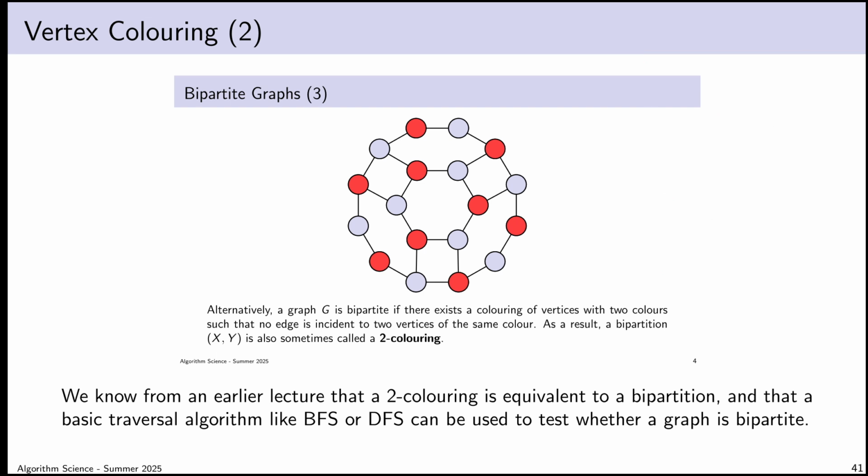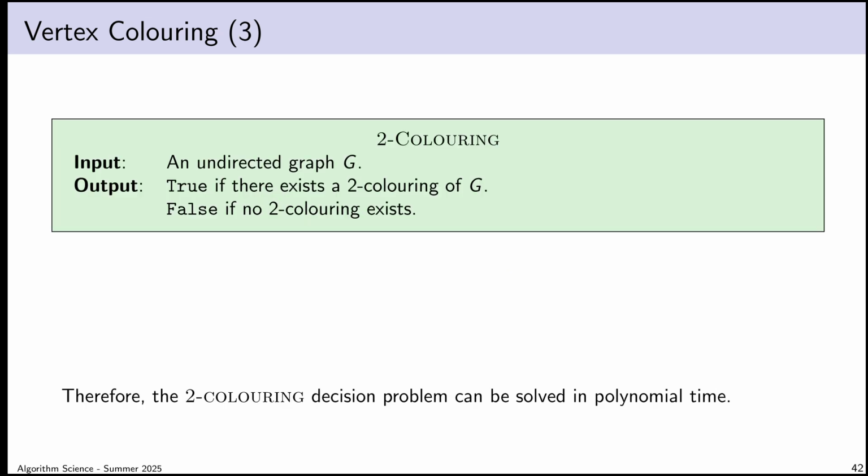Because a two-coloring is equivalent to a bipartition, and a basic traversal algorithm like BFS or DFS can find a bipartition, we can compute two-colorings in polynomial time. In fact, we can do it in linear time by performing one traversal. So we finally have a decision problem with a polynomial time algorithm.